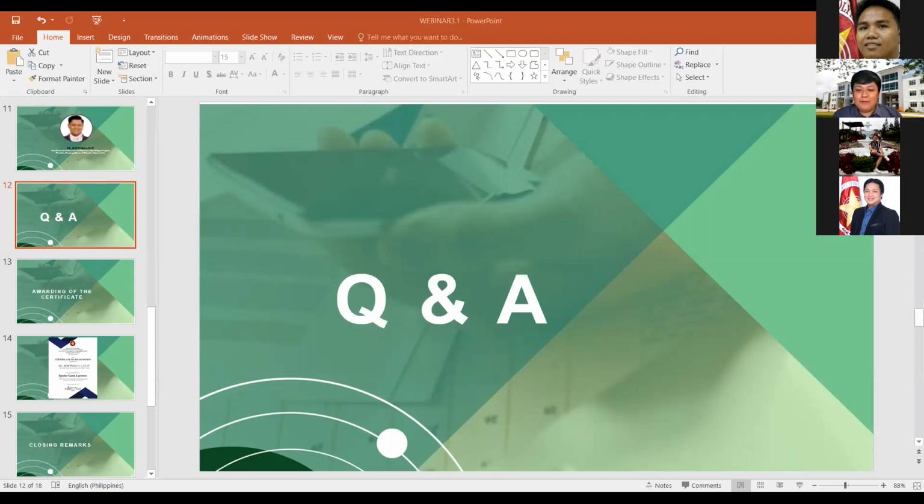Follow-up question, sir. Can we use Jamovi for CFA and SEM? Yes, definitely. You can use Jamovi if you want to perform exploratory factor analysis and confirmatory factor analysis. What is good about Jamovi? One, as I mentioned, it is user friendly.